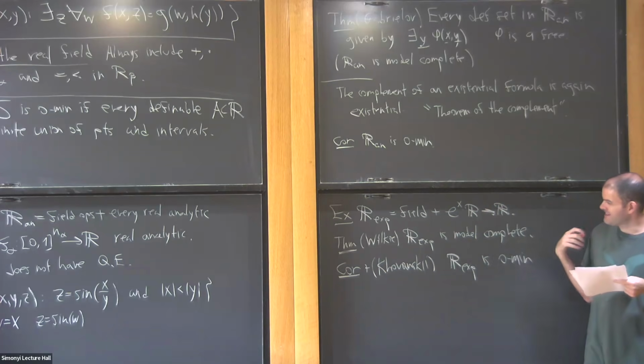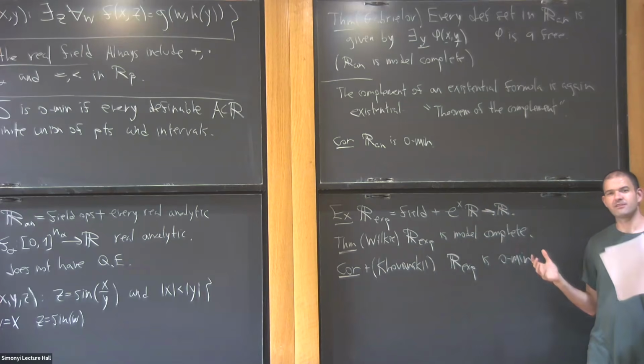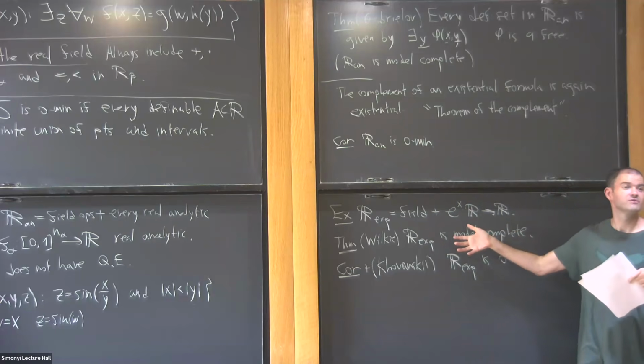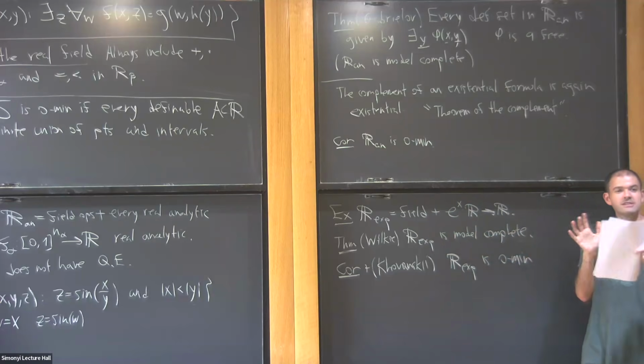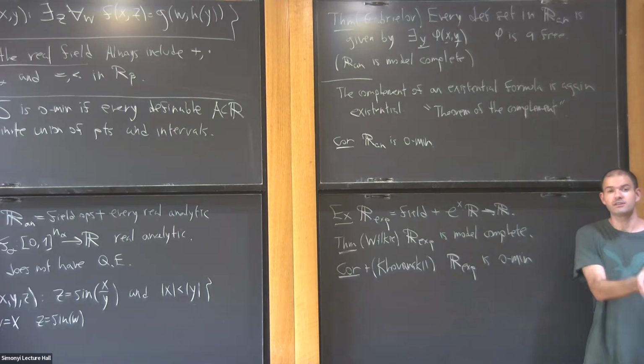So usually there's a gap between algebraic geometry type questions, where it's just equations and inequalities, and o-minimal theory type questions, a gap from things that are defined using equations to things that are defined using formulas.